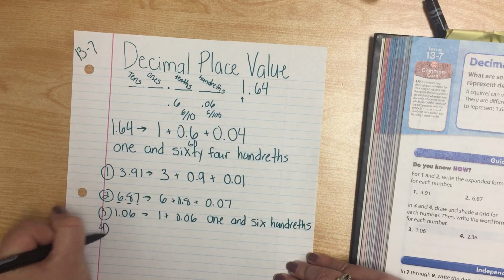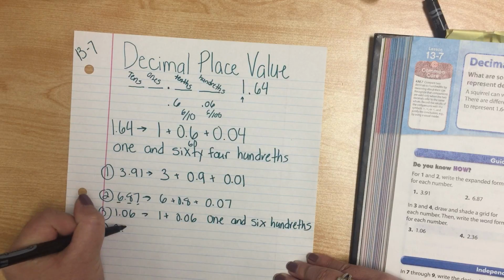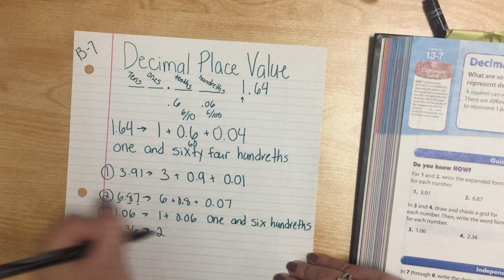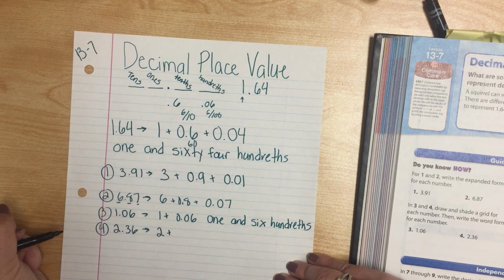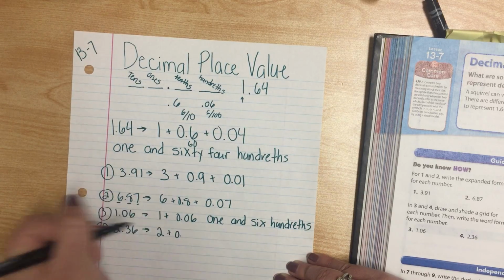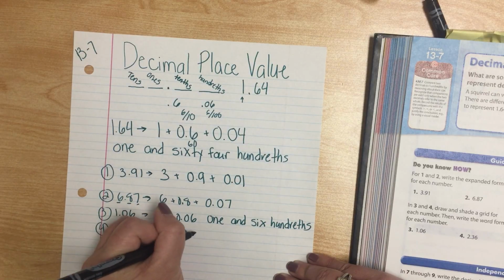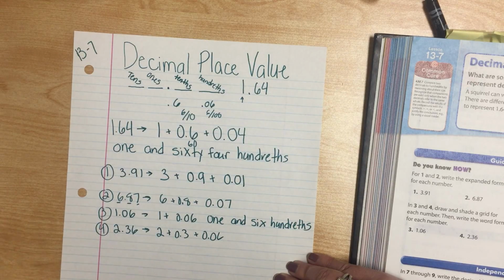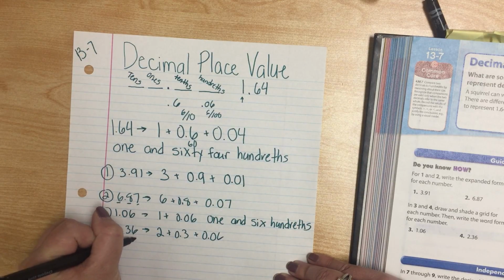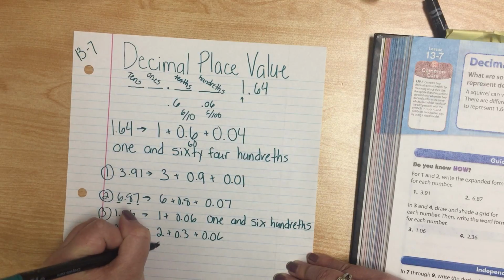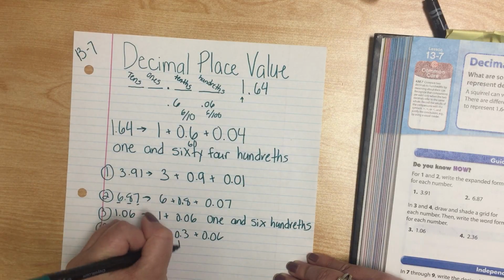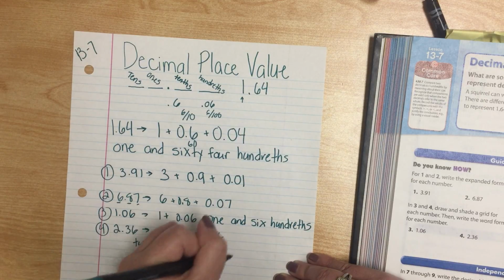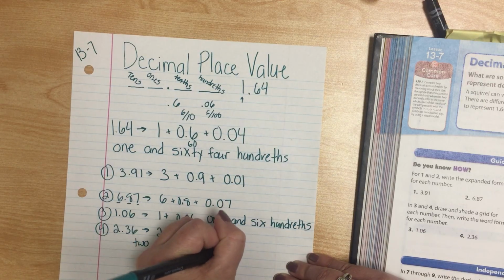For number 4, it says 2.36. Okay? That would be 2 plus 0.3 plus 0.06. Writing it out though, it would be 2 and 36 hundredths.